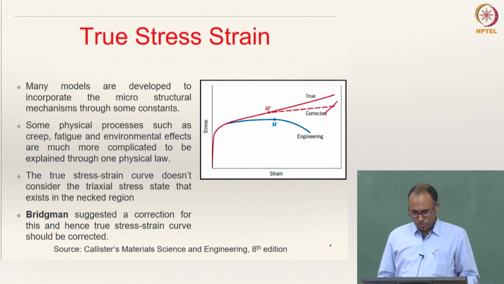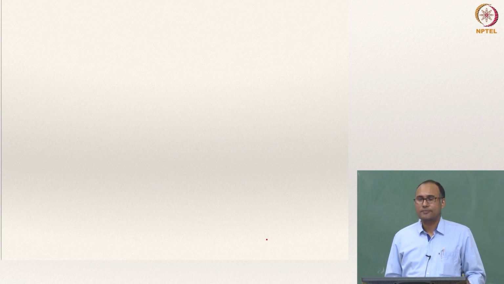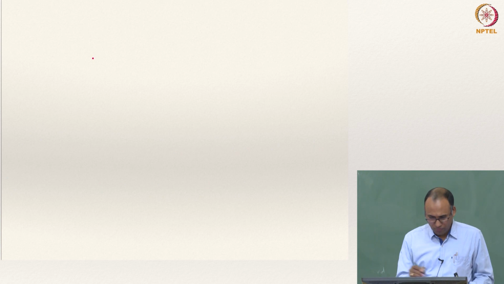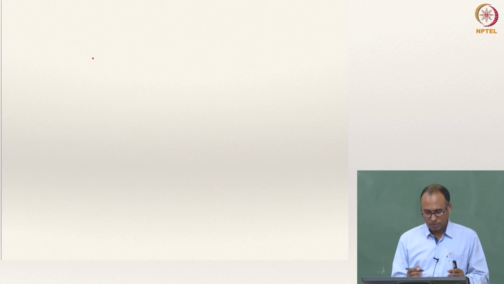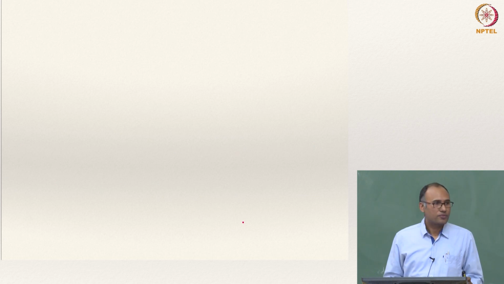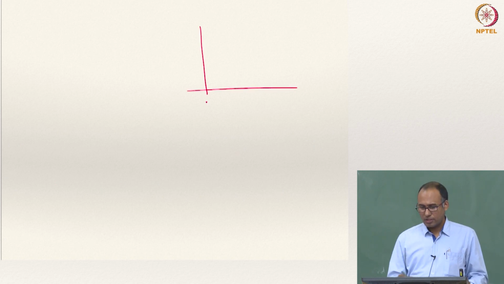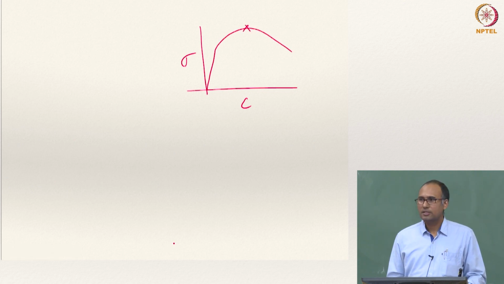All right. I wanted to also discuss another concept, the condition for onset of necking. When you are drawing the engineering stress strain curve, that point is your ultimate tensile strength.